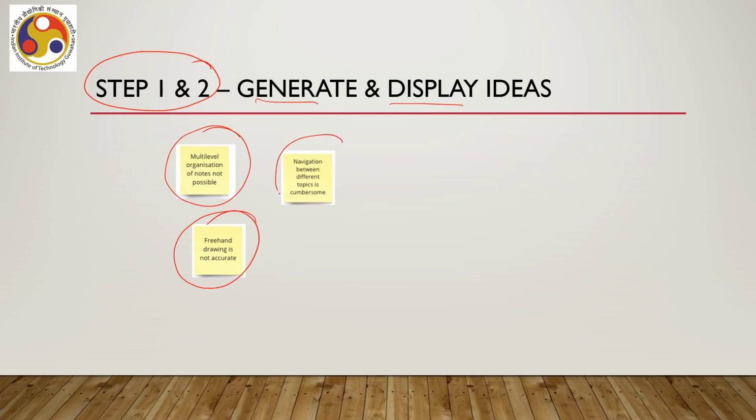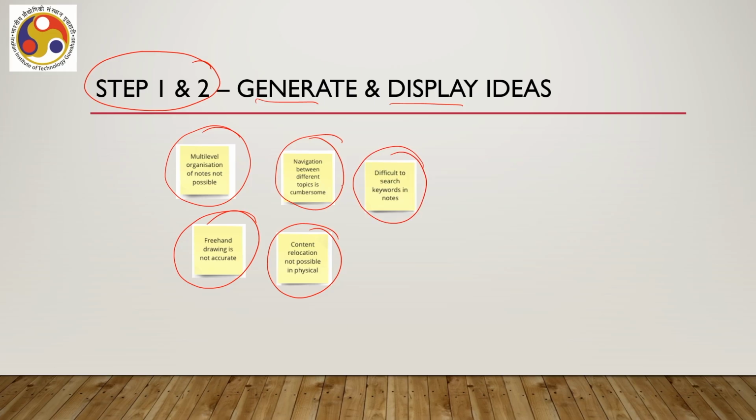Third idea: navigation between different topics is cumbersome. Fourth: content relocation not possible in physical mode. Fifth: difficult to search keywords in notes. Can't insert any image, another idea. Erasing contents is a daunting task.